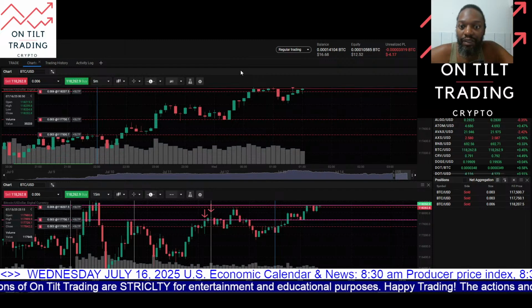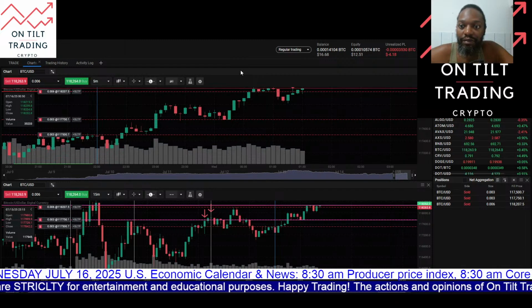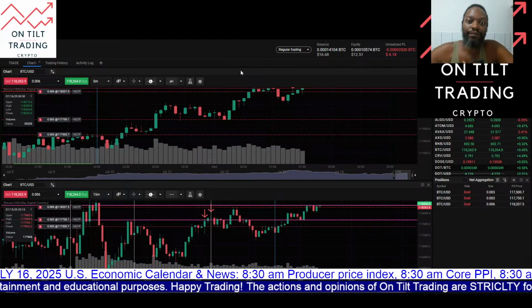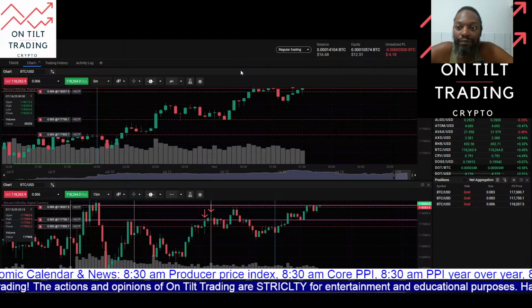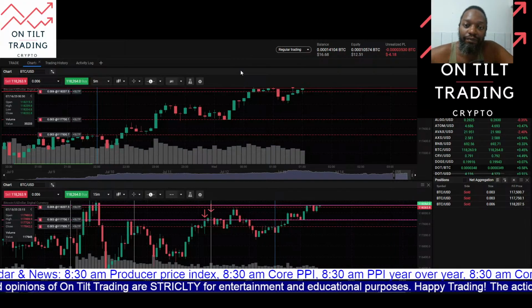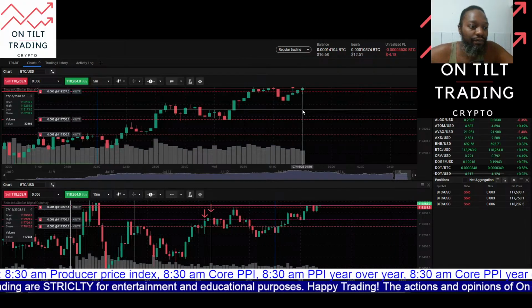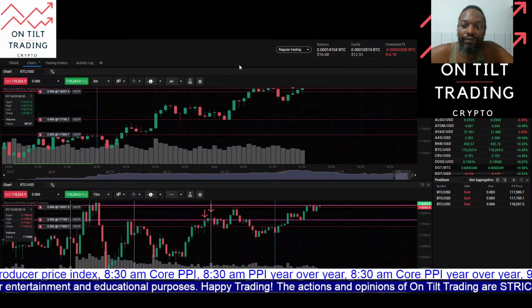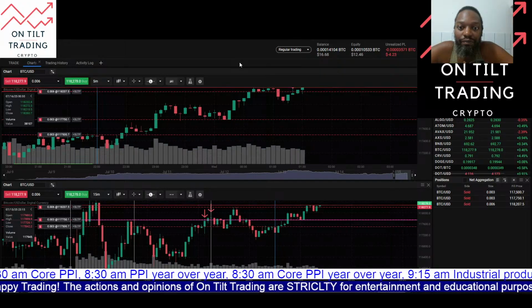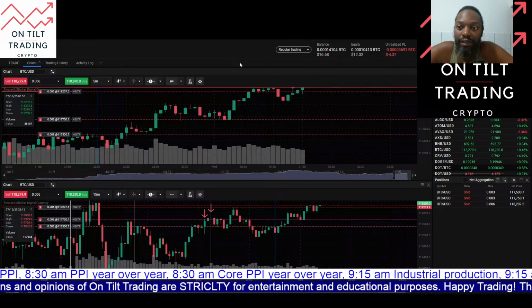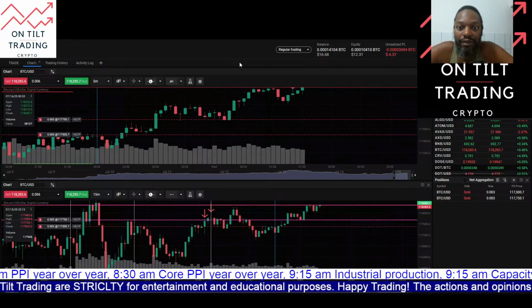Getting some sell side delivery here, consolidating back to buy side. Buy side likely going to be stopped out here and stopped out.